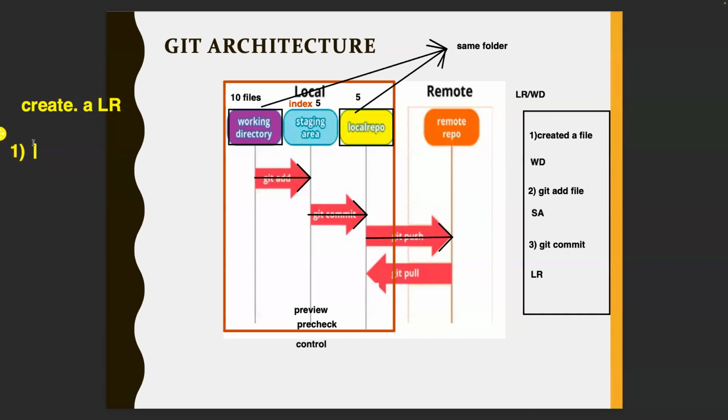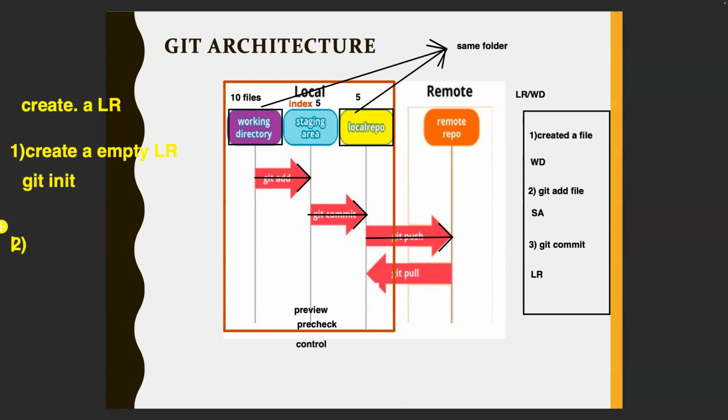So you create an empty local repository first, then make changes, push to staging, push to local, then push to remote. Basically you are creating an empty local repository using a command called git init, developing in your local, then pushing to remote. That's one use case.